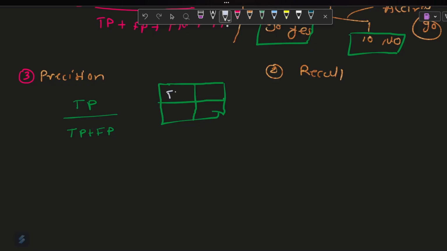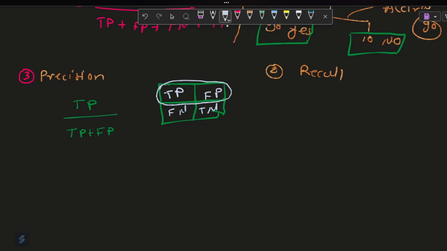The two positive, all positive, all negative, two negative. It means when you draw a confusion matrix, for precision you focus on this part of the graph.